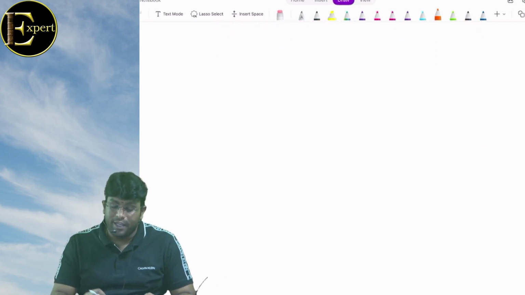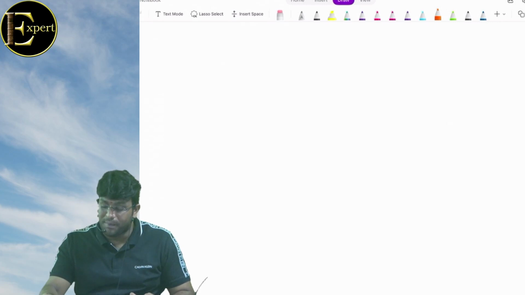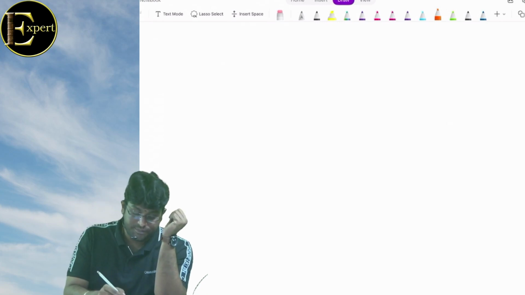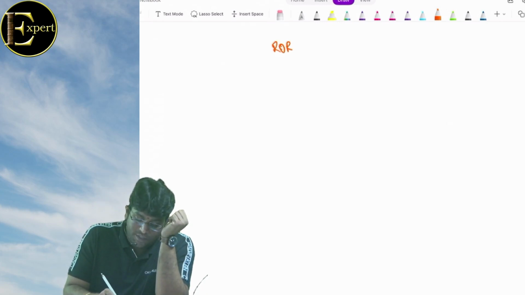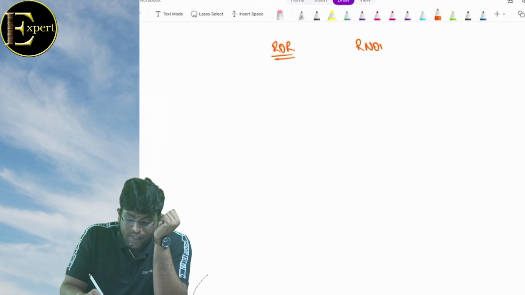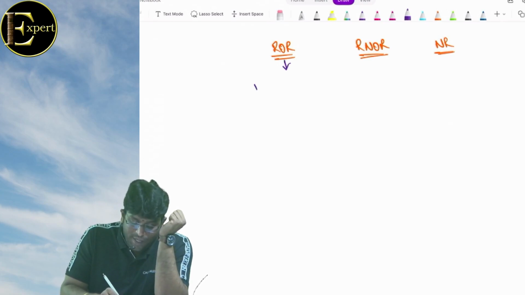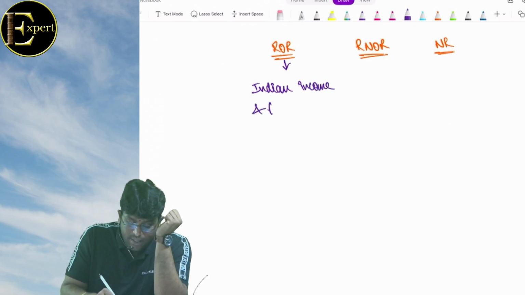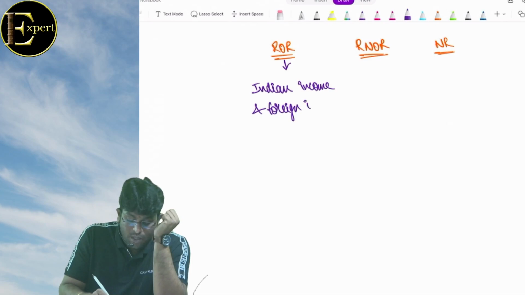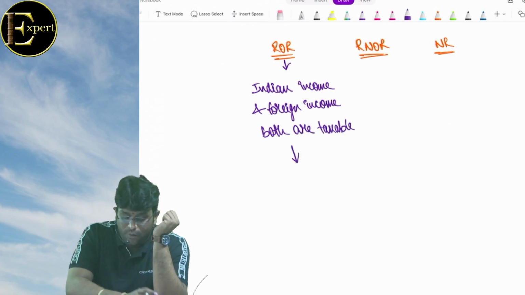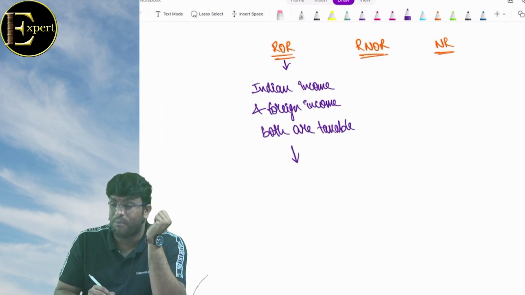Now, what will happen if income is Indian income? What will happen if income is foreign income? We know that we have got three categories of persons: ROR, RNOR, NR. ROR case, Indian income and foreign income, both are taxable.